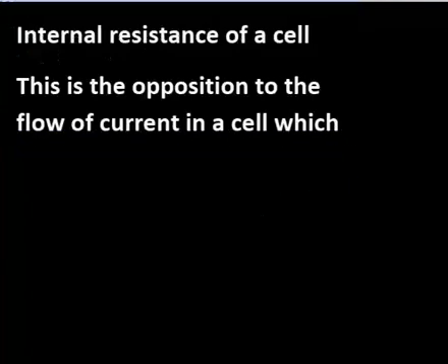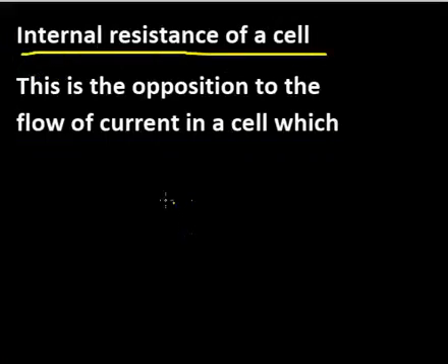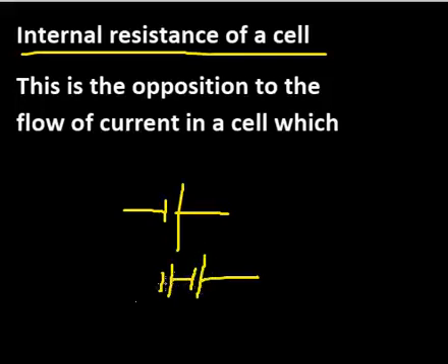Now the question is, what is the difference between a cell and a battery? This is the symbol of a cell. It's just one cell. A battery is a combination of more than one cell. Let's say this is just a cell, and let's say the EMF is E. But if you have a battery, it's made up of cells.